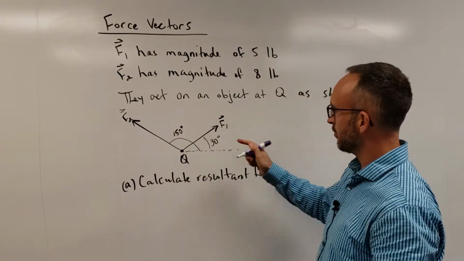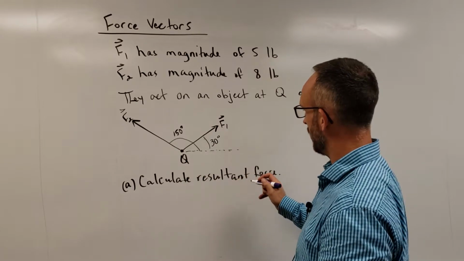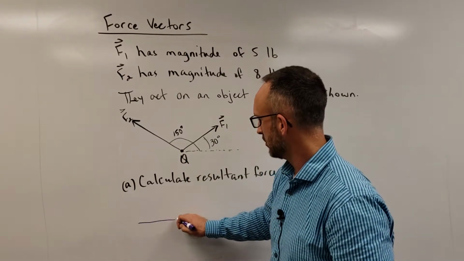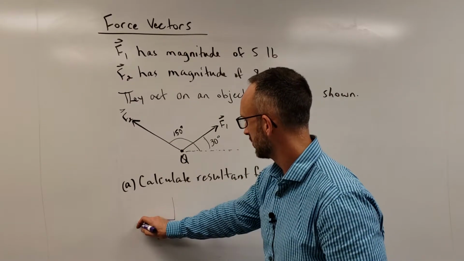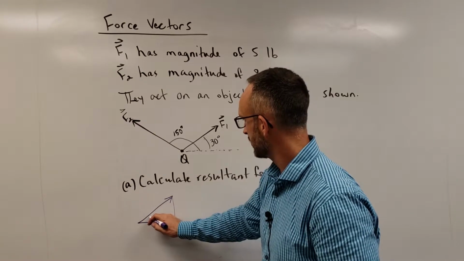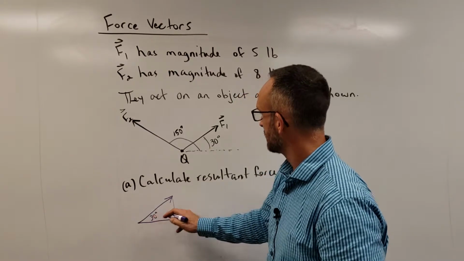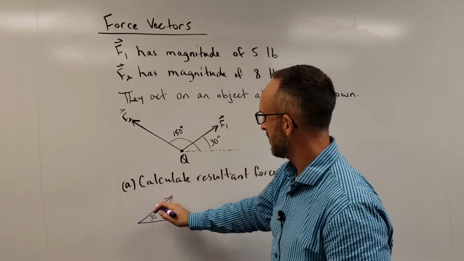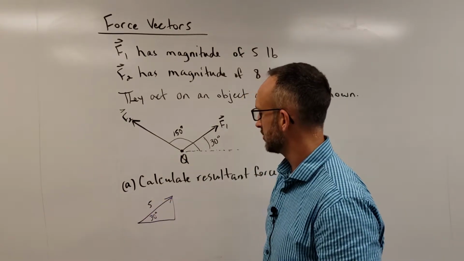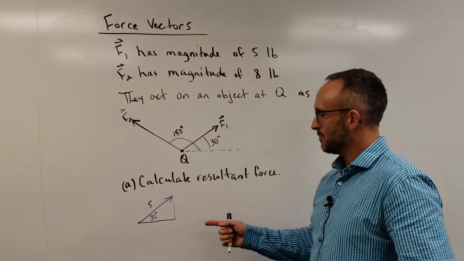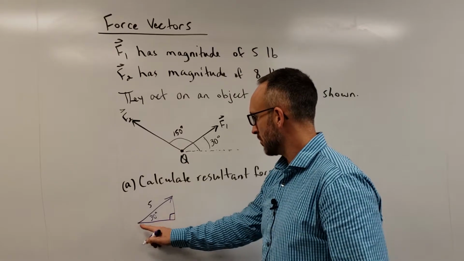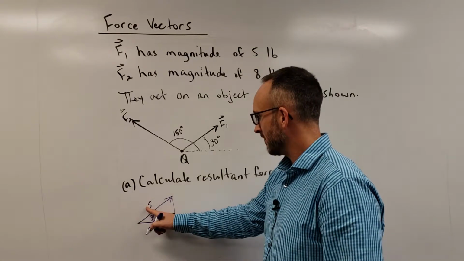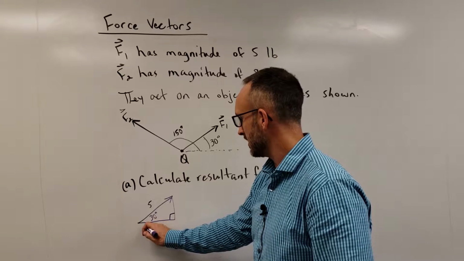So F sub 1, if I were to look at F sub 1, it would look something like this, where this is 30 degrees, and its magnitude is 5 pounds. So my horizontal component would be 5 times the cosine of 30 degrees.